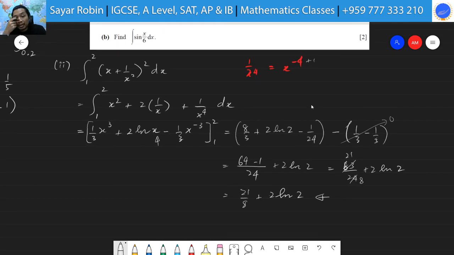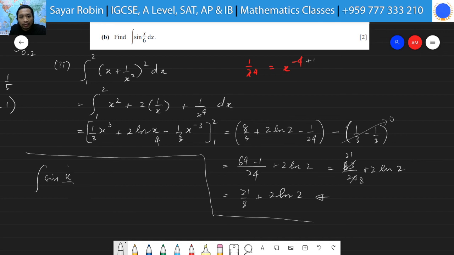Okay, what is number B? What is the question of B? The question of B is just to test you. Do you know the integration of trigonometric functions? Because it's only 2 marks. If you know the formula, you can directly give the answer. Integrate sine x over 6 dx. Okay, when you do the integration for the sine function, that's going to be the negative answer, right?